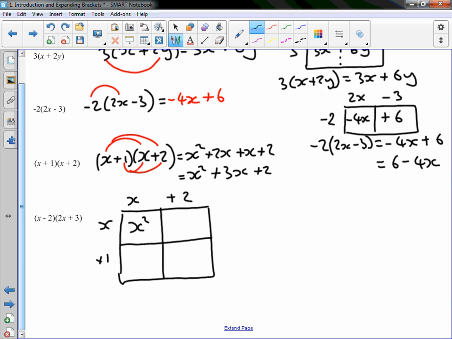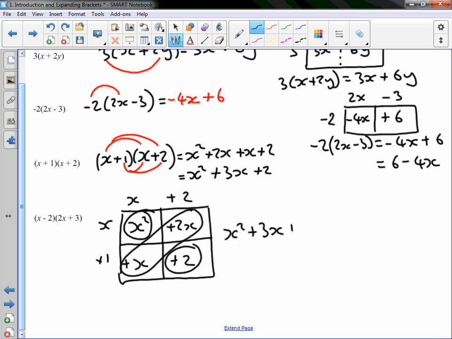So x times x, x squared, x times plus 2 is 2x, x times plus 1 is just x, and plus 1 times plus 2 is plus 2. So again, I get x squared plus 3x plus 2. Now, where this is quite nice is later on in A level, you'll be doing polynomial division, and actually this idea of rectangles comes in quite useful there. But we'll cross that bridge when we come to it.